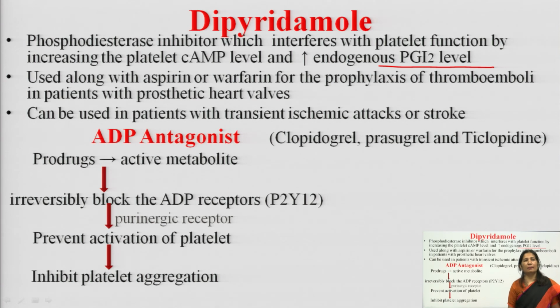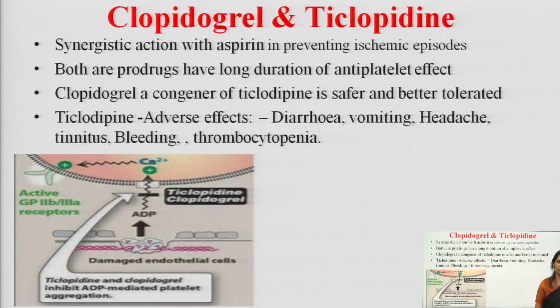Next are the ADP antagonists: clopidogrel, prasugrel, ticlopidine. These are prodrugs that convert into active metabolites and block the ADP receptors, and these ADP receptors are purinergic receptors. So they block these receptors and thus prevent the activation of platelets and inhibit platelet aggregation.